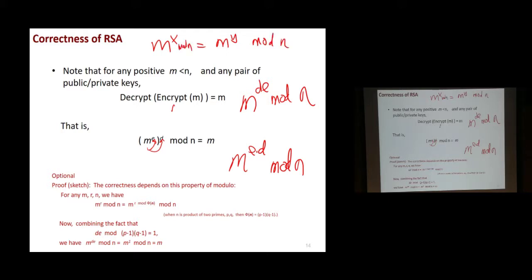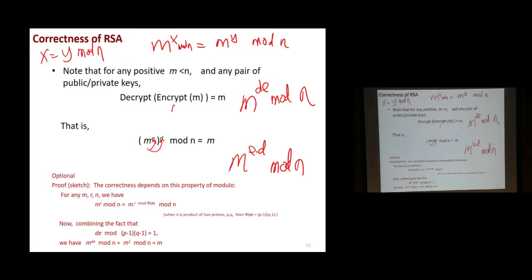Under what condition is M raised to the power X equal to M raised to the power Y modulo N? A knee-jerk reaction is to say these two will be the same if and only if X is equal to Y modulo N. But no, this is not true. You can do some experiments, take some examples, and you find this is not true.